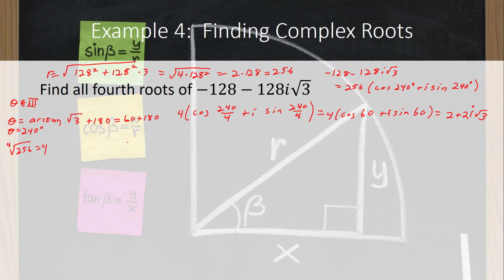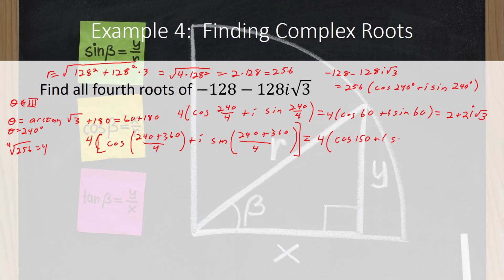Okay. Now the next root is going to be 4 times the cosine of 240 plus 360 divided by 4, plus I times the sine of 240 plus 360 divided by 4, and that will be equal to 4 times the cosine of 150 plus I sine of 150.